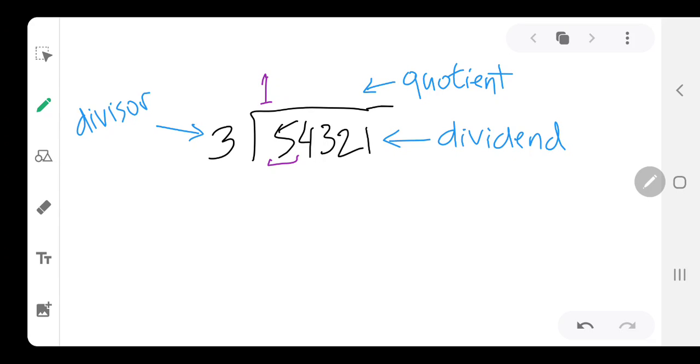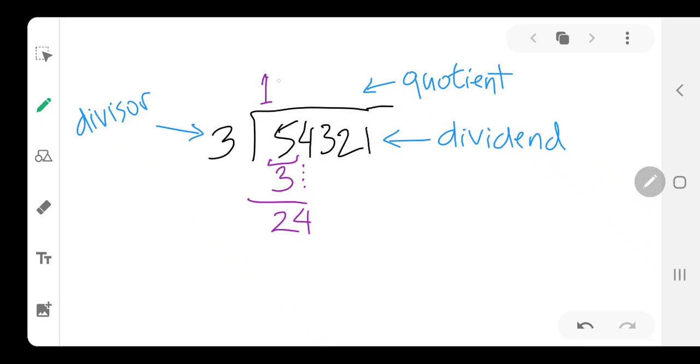That's the first factor in the quotient. 1 times 3 is 3. That's the first operation. Second operation is we subtract 3 from 5, and that gives us a remainder of 2. And then lastly, we bring down the next digit in the dividend. So our new number is 24. It's not the remainder; it's the new number that we're going to find a factor for.